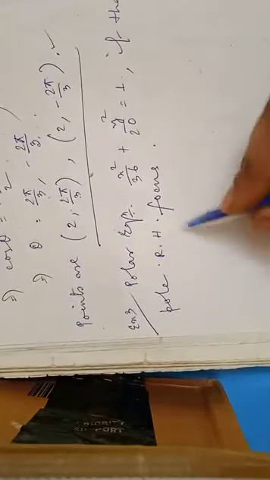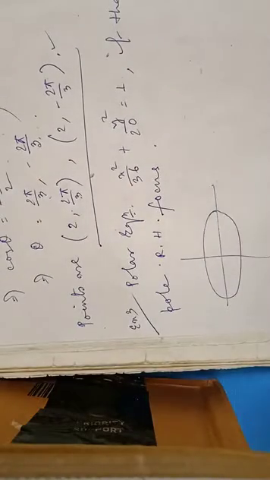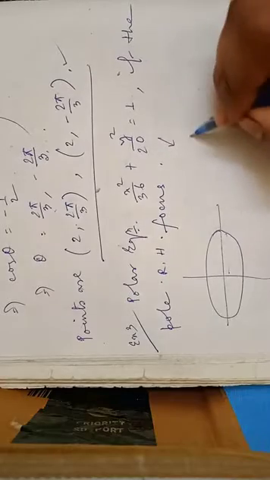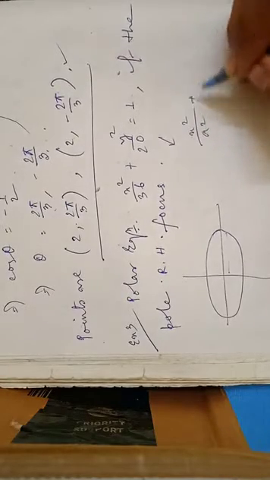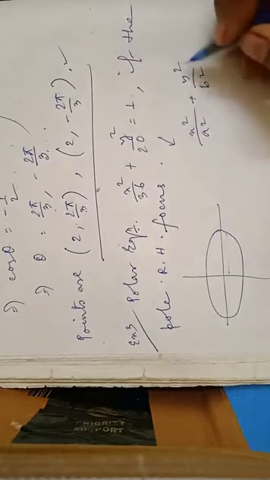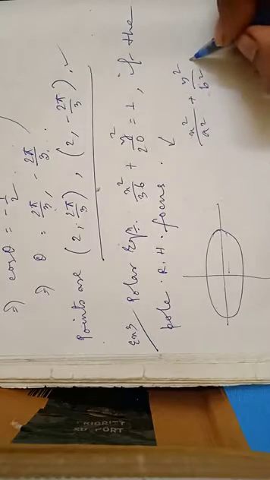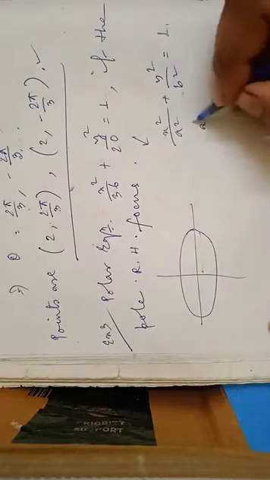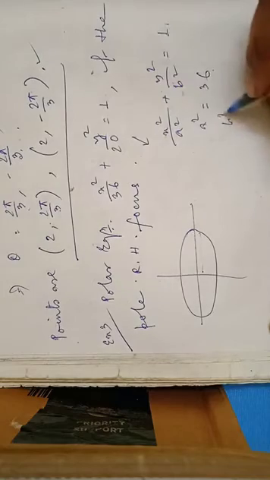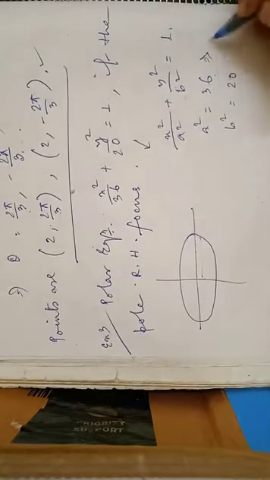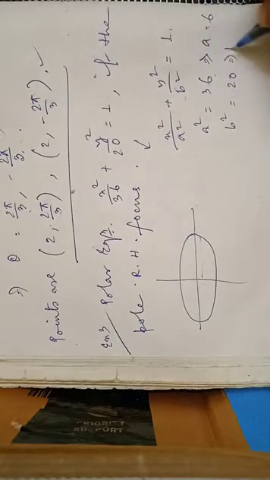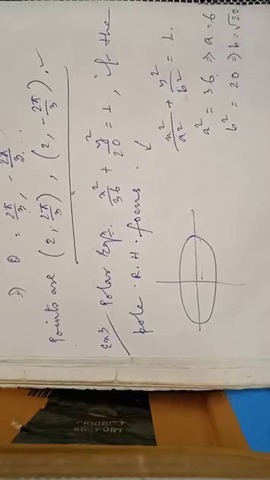So at first try to draw the diagram. This is the ellipse. If you compare it with the standard equation of an ellipse, x square by a square plus y square by b square equals 1, here a square equals 36 and b square equals 20. That means a equals 6 and b equals root 20.